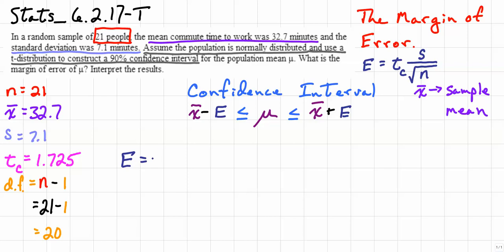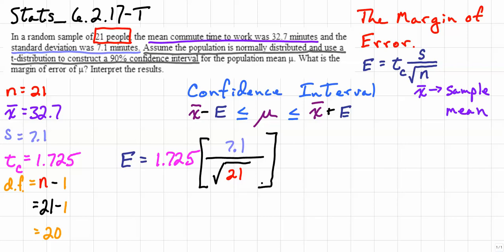So let's calculate E. That is equal to t sub c of 1.725 multiplied by the standard deviation, which is 7.1, over the square root of n, which in this case is 21. You can type this into any good scientific calculator: 1.725 times 7.1 divided by the square root of 21.